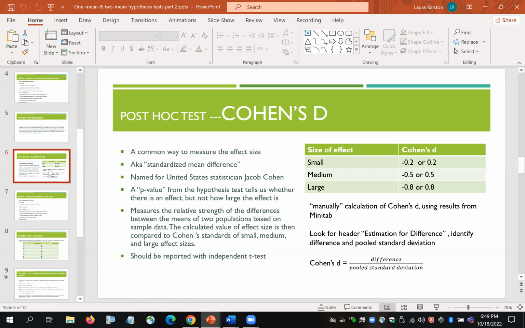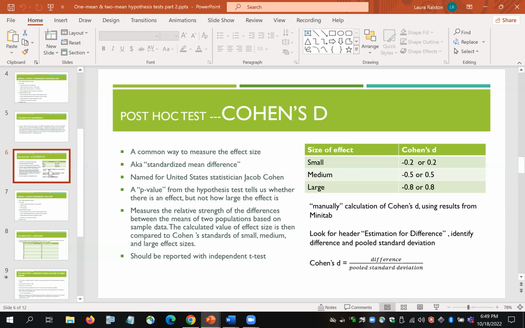So it tells us there is an effect, and whether that effect is less than, greater than, equal, not equal. But it doesn't tell us how large the effect is. Is it just a minor effect or is it a really big effect?